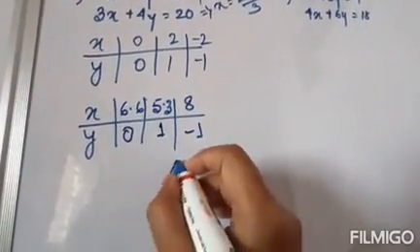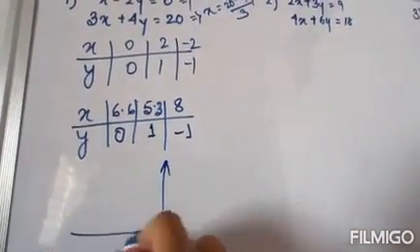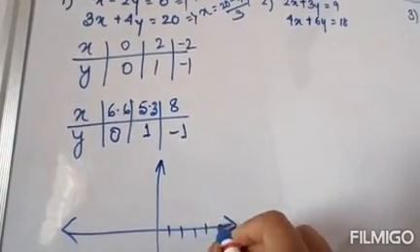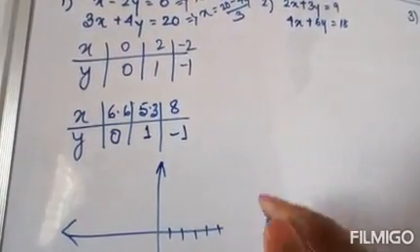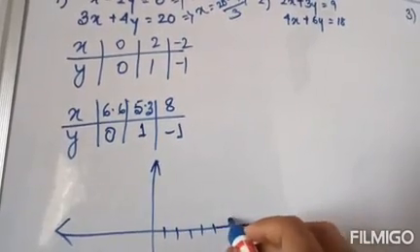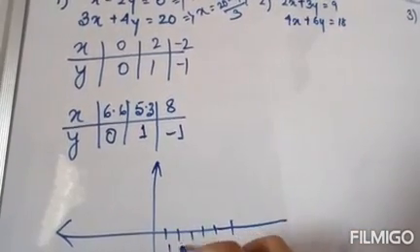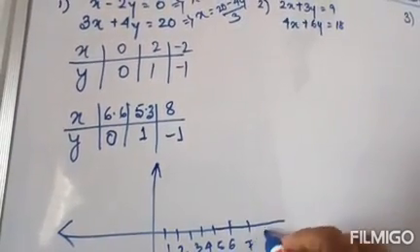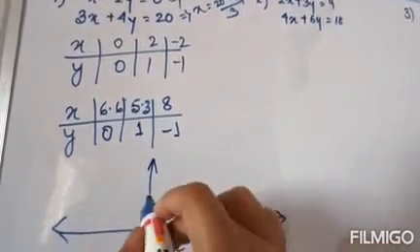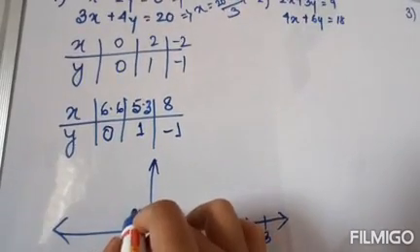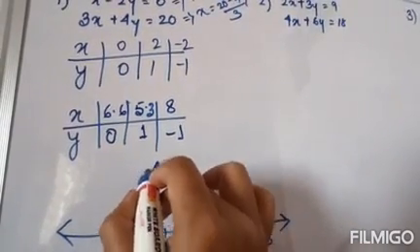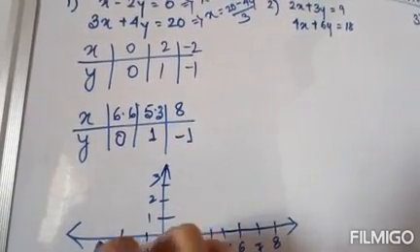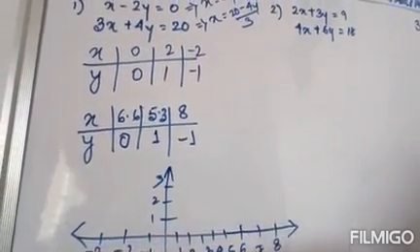Now let us plot. One, two, three, 4, 5. 1, 2, 3, 4, 5, 6, 7, 8. And here 1, 2, 3 this side also, minus 1, minus 2, minus 3 this side also.